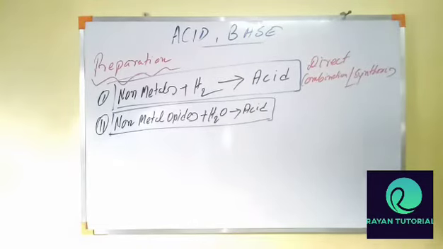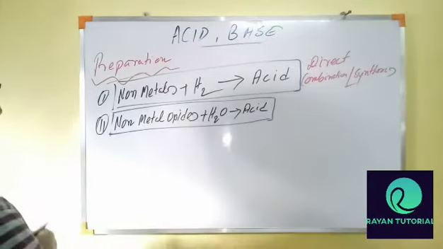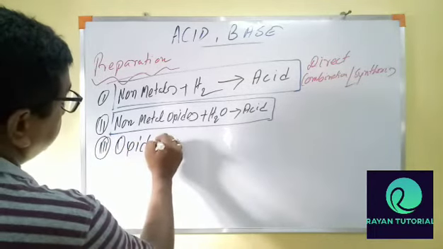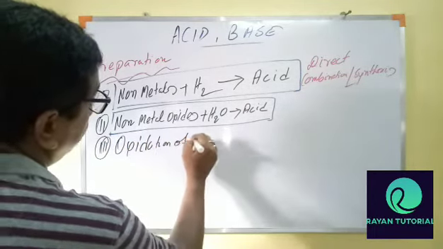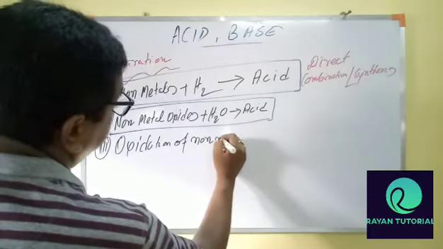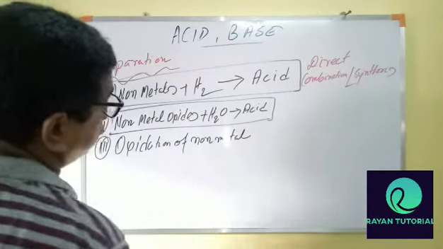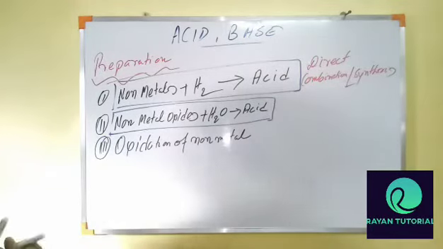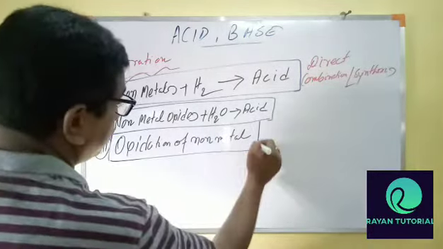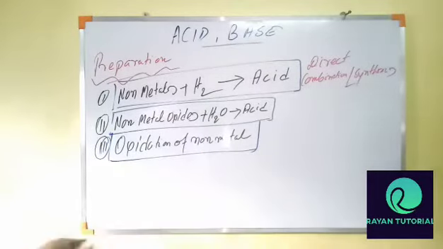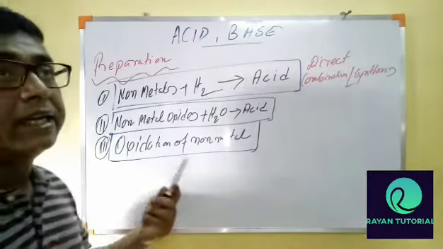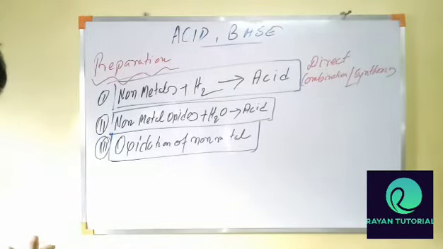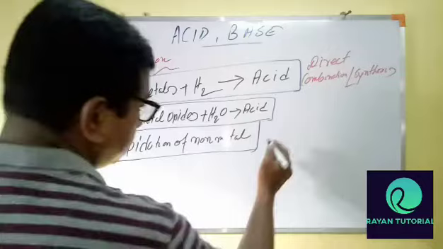Oxidation of non-metal. Always remember, as I told you, acid always non-metal, base always metal. Oxidation of non-metal, say 2-3 non-metals like sulfur.